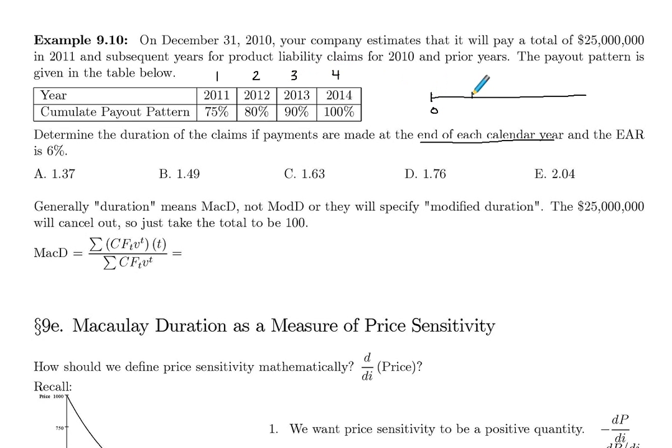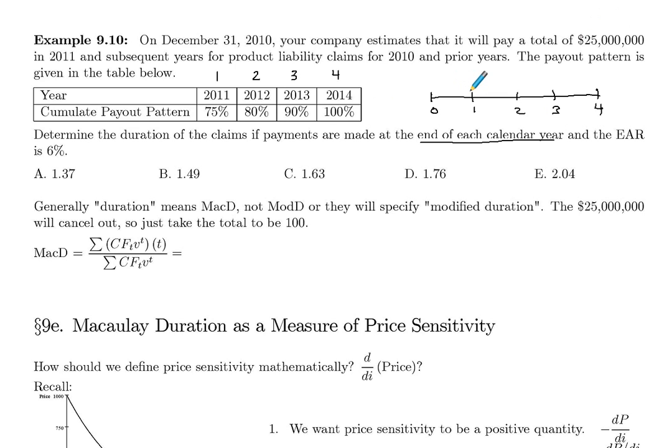So we've got 0, 1, 2, 3, and 4. And then these percentages are percentages of the 25 million.